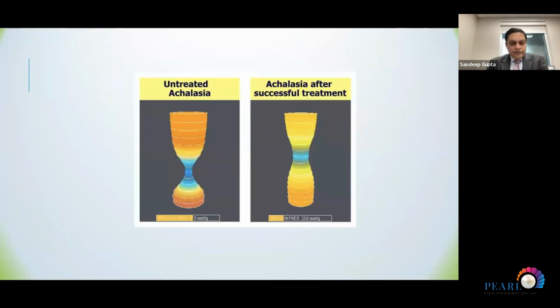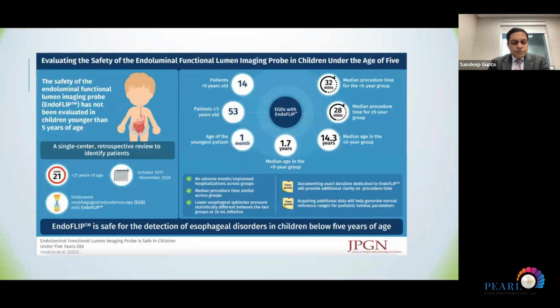You all are very familiar with achalasia and the technology known as FLIP, which looks at esophageal distensibility, as shown on this slide. This paper from Johns Hopkins looked at FLIP in children under the age of 5 years and over the age of 5 years, and they compared the two groups.